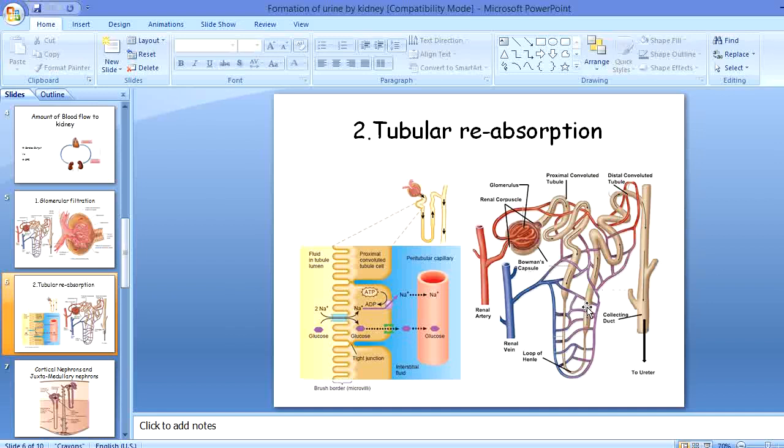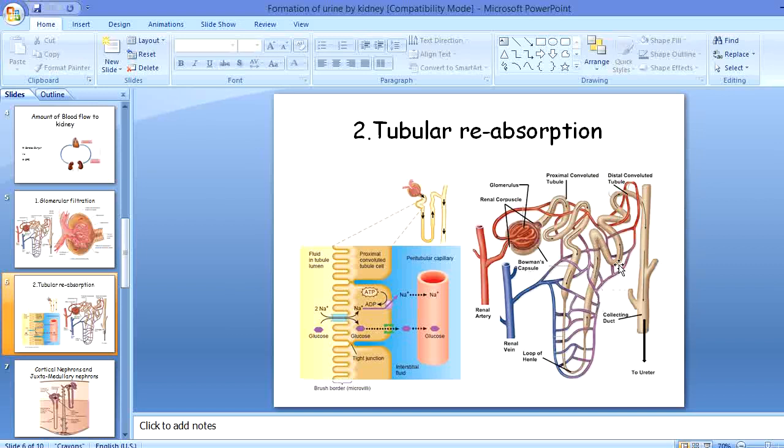The solute will be transferred from this area to the surrounding. For example, the calcium and the potassium, especially not the sodium, will be reabsorbed from the ascending tubule to the surrounding and to the capillary.